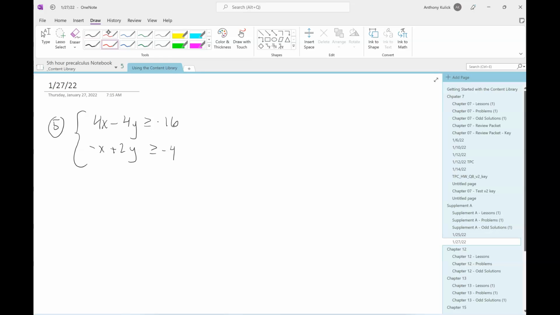So the first thing that I'm going to do is rearrange things so that these are in slope-intercept form. So the first equation, I'll subtract 4x from both sides, and then divide both sides by negative 4. Remember, when we divide both sides of an inequality by a negative, the inequality symbol switches direction.